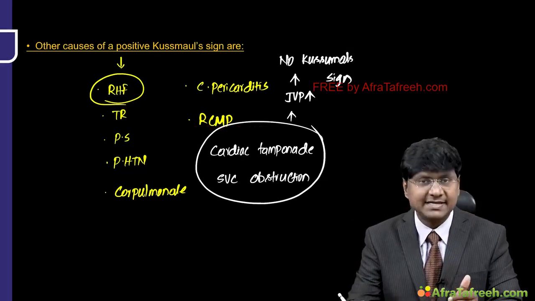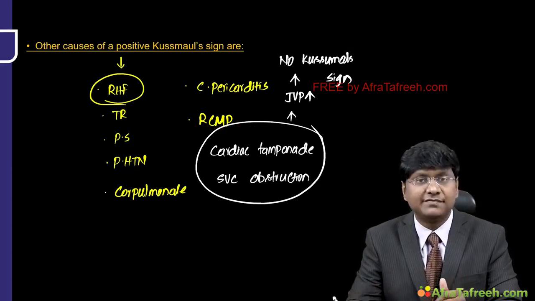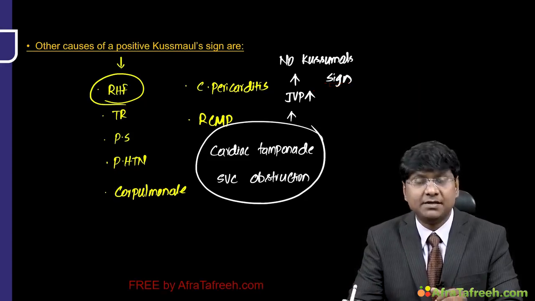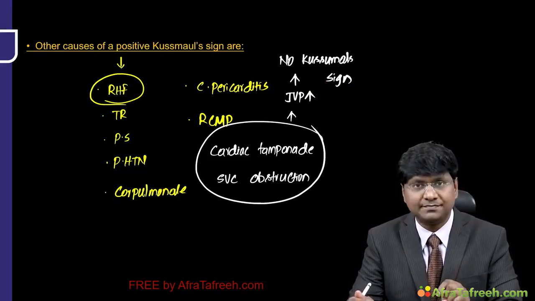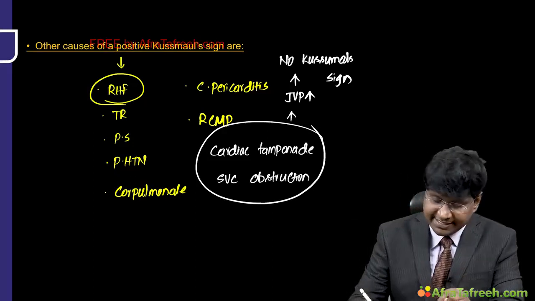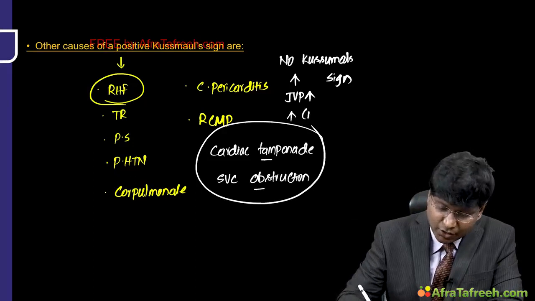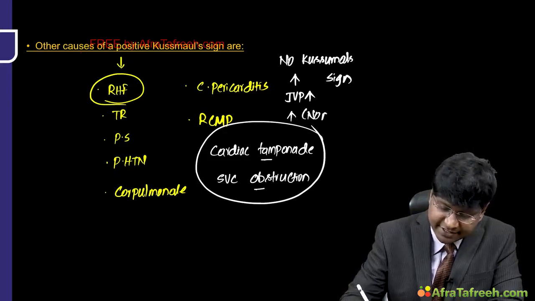Okay. Why is that? Because in cardiac tamponade, there is absence of certain waves. And in superior vena cava obstruction, because of the obstruction, the right atrial pressure changes are not reflected into the jugular vein. So that is the reason why in cardiac tamponade as well as superior vena cava obstruction, it is a non-pulsatile increase in the JVP.